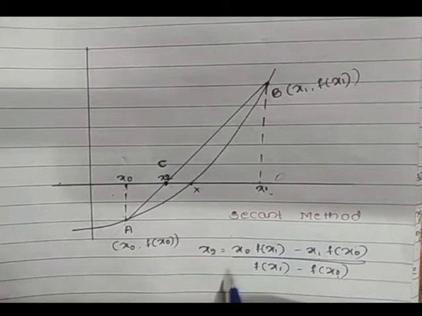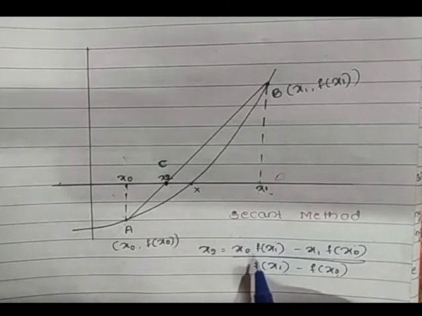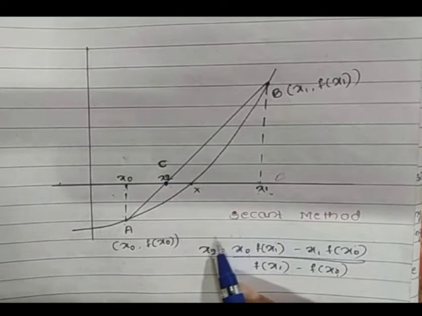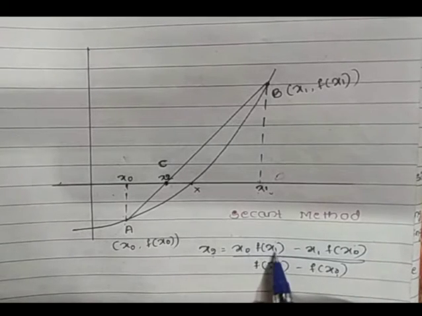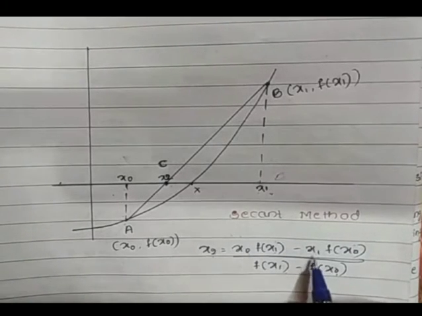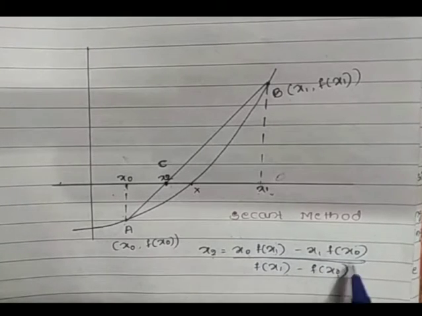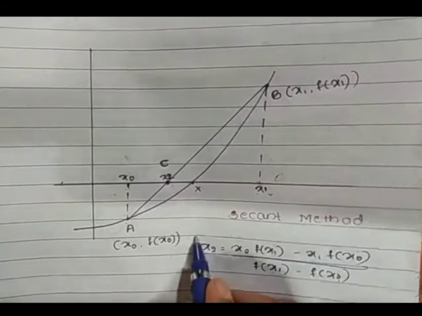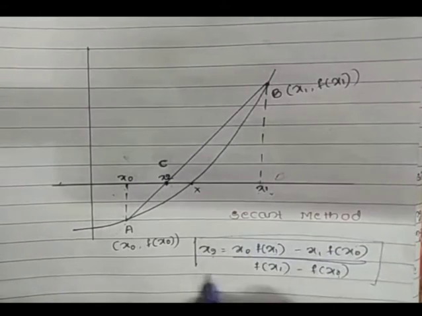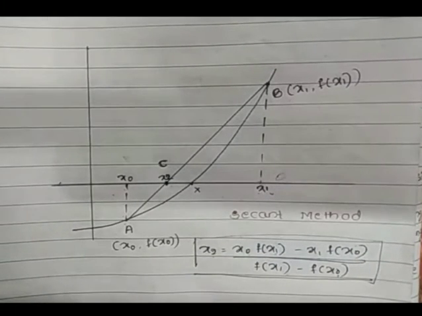So if we replace a and b with x naught and x1, then the formula will be x2 is equal to x naught f of x1 minus x1 f of x naught divided by f of x1 minus f of x naught. So this is the formula to calculate the x2 approximation.